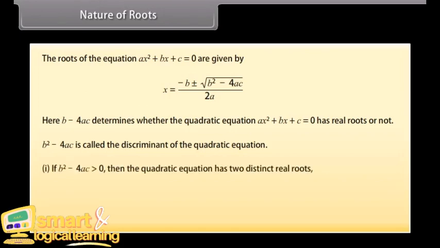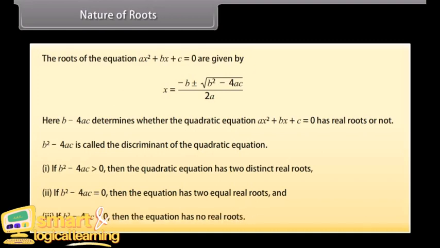If b² - 4ac > 0, then the quadratic equation has two distinct real roots. 2. If b² - 4ac = 0, then the equation has two equal real roots. And 3. If b² - 4ac < 0, then the equation has no real roots.